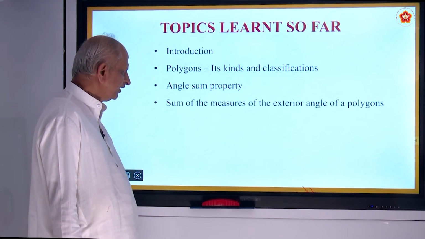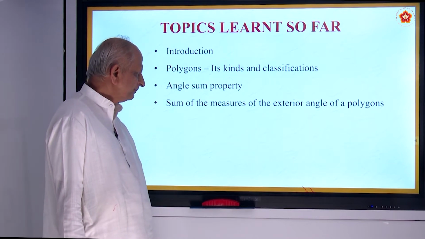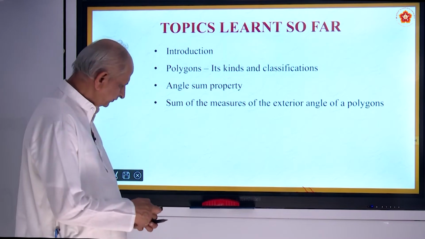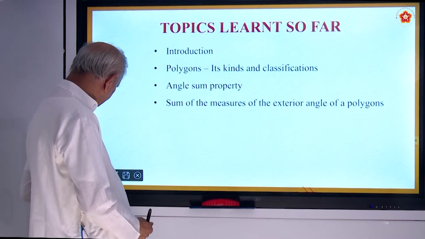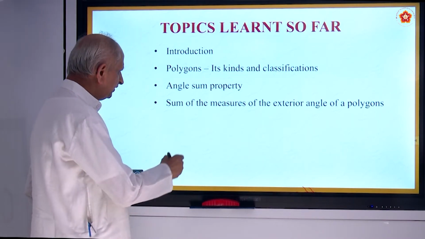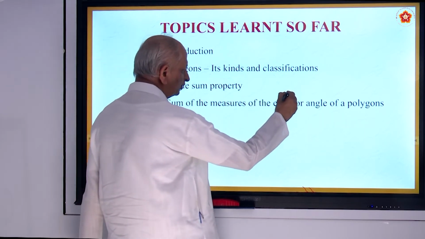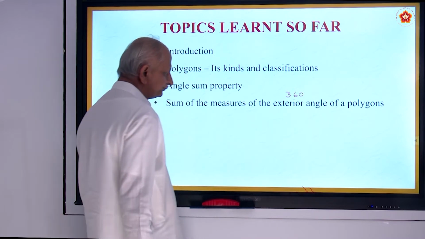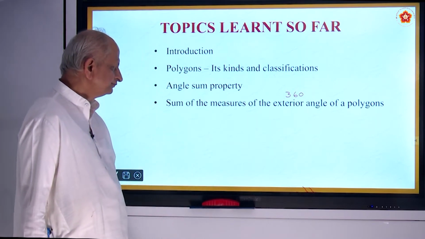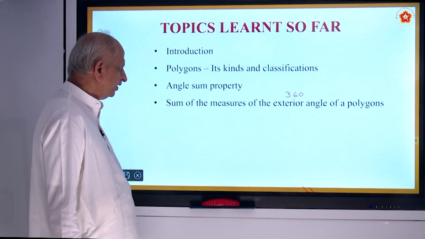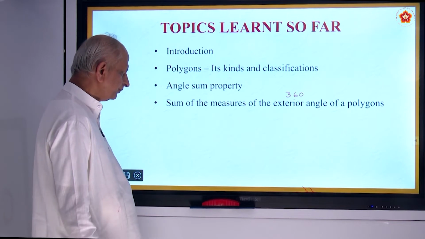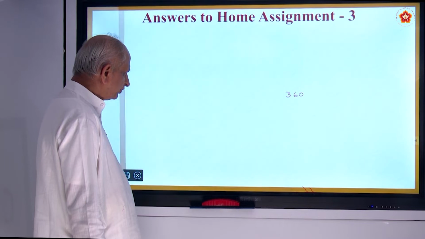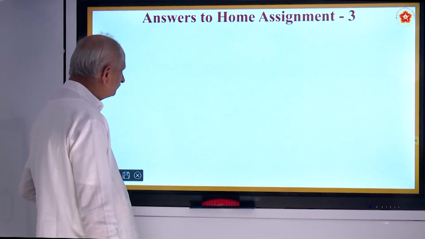And also we have studied about the sum of the measures of the exterior angles of a polygon. How much is it? For any given polygon, the sum of the exterior angles is equal to 360 degrees. That you have studied earlier, and we have worked out some problems also.